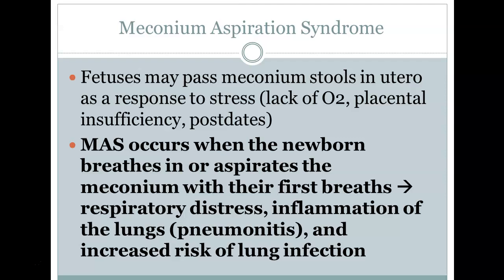Fetuses pass meconium stools in utero as a response to stress because of the lack of oxygen or the placental insufficiency. Meconium aspiration syndrome can occur when the newborn breathes in and aspirates that meconium in their first breaths. This can lead to respiratory distress, inflammation of the lungs or pneumonitis, and an increased risk for lung infection.